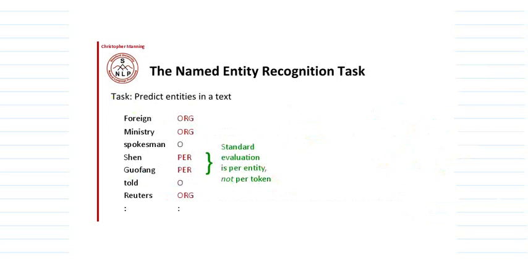Now, how do we define the task of named entity recognition, or what is the problem statement? So we have free-flowing text like this, and we organize that text into a sequence of words. Say for example, foreign ministry spokesperson Shen Gufeng told Reuters.